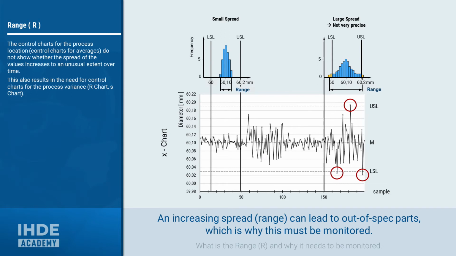Various influences can lead to an increase in the spread of the values. This can be seen on the far right. There, the spread of the values has increased so much that 3 values are outside the permissible specification. Because increasing process variation can lead to out-of-specification characteristics or products, the process spread should be monitored.